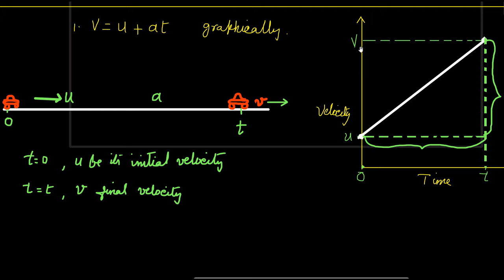Now look at this axis. The x-axis represents time, the y-axis represents velocity, and this straight line graph having a slope is the one we get when an object travels with velocity u at time t = 0.